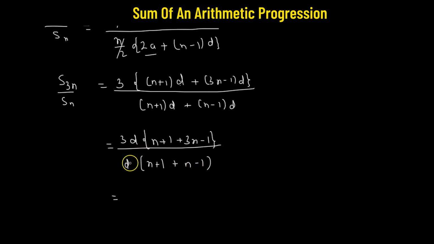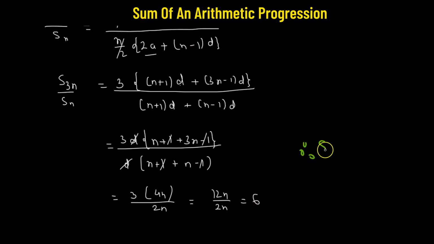So d goes away, we have 3 multiplied by, 3n plus n, that will be 4n, so 1 and 1 go away. And in the denominator, positive 1 and negative 1 go away, n plus n will be 2n. So this is going to give us 12n divided by 2n, which is simply 6. Therefore, our final value, the ratio of the sum up to the 3n terms to that of the sum of n terms, is 6:1.